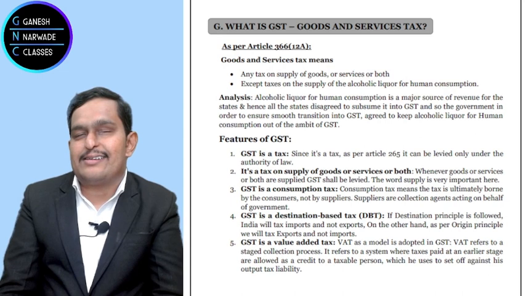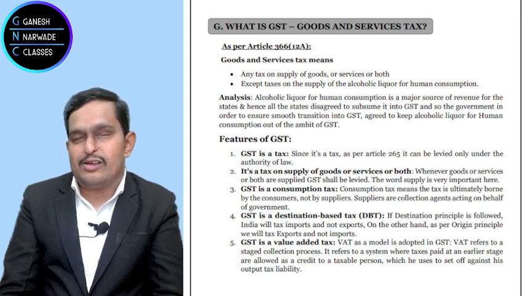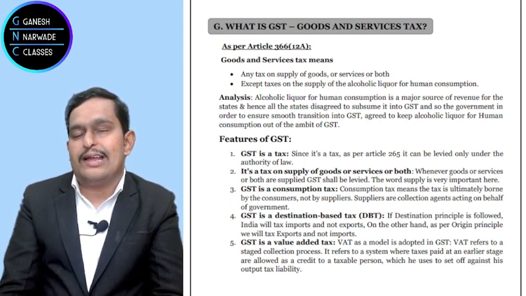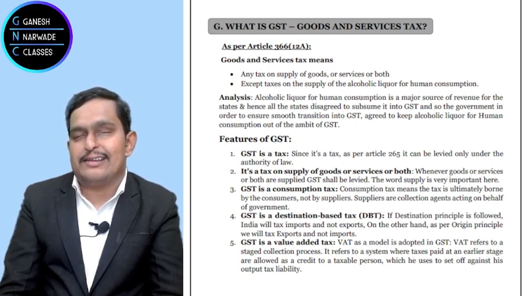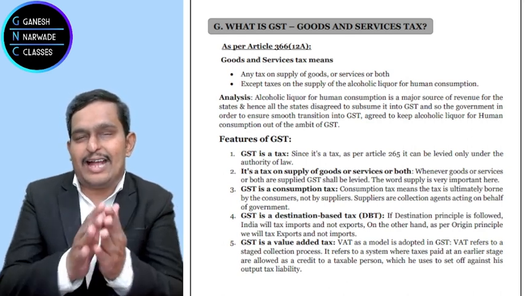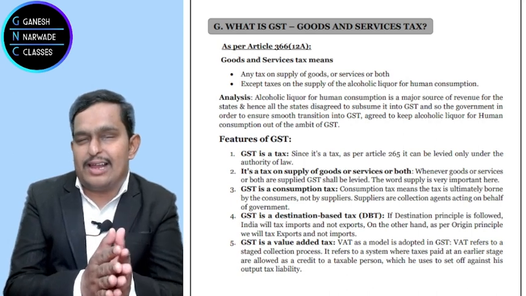Okay. Next thing. GST is a destination based tax. What do you mean by this word? GST is a destination based tax. That means who will collect the GST? The buyer's state will collect the GST. The consumer state will collect the GST. Okay. There are actually two concepts here also.